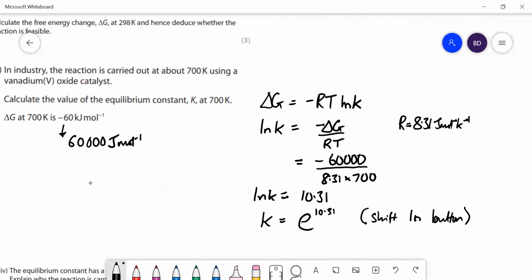So shift ln 10.31, and that will give you an answer of 30,169. That's the answer. If you don't do maths, then you just have to make sure you know how to work out your logs and do the reverse of finding a log to be okay with that question.